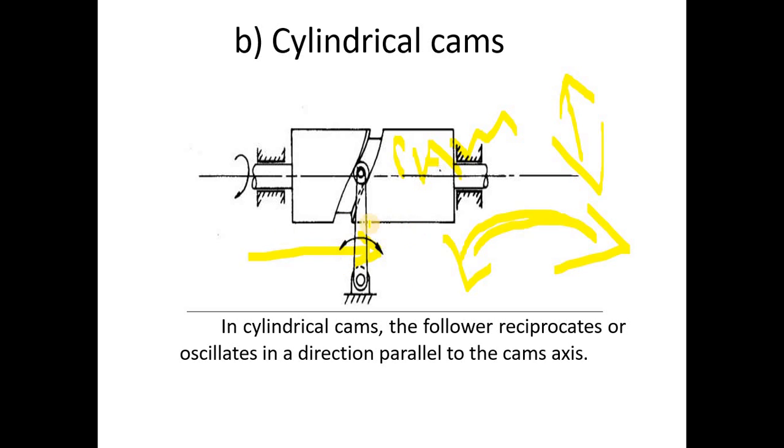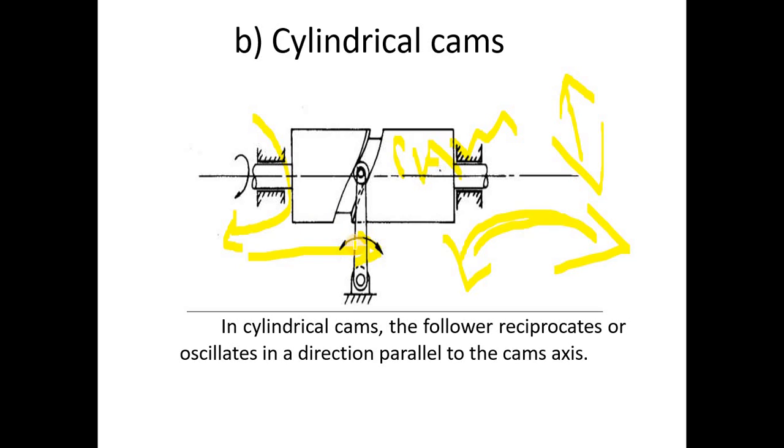Whenever there is a rotating motion of this cylindrical cam, this oscillating roller follower moves in the groove or slot provided on the cylindrical cam. So the rotary motion of the cylindrical cam results in reciprocating motion of this oscillating follower.